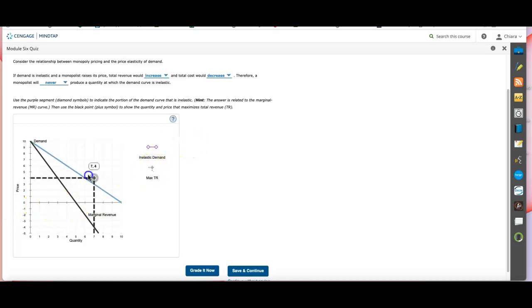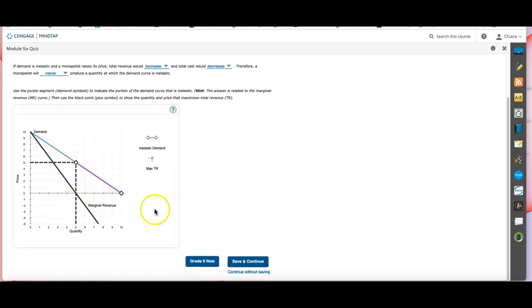So if we point this here, and we find this point that is $5 at a quantity of 5, then we can identify the elastic portion of the demand curve. And then we use the black point to show the quantity and price that maximizes total revenue. So that is also going to be our point that maximizes the total revenue.